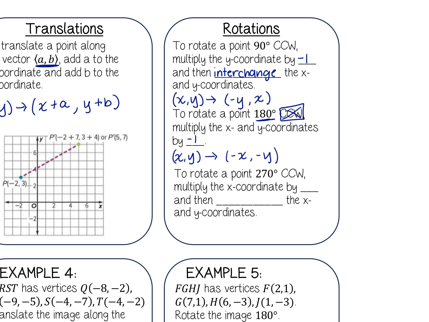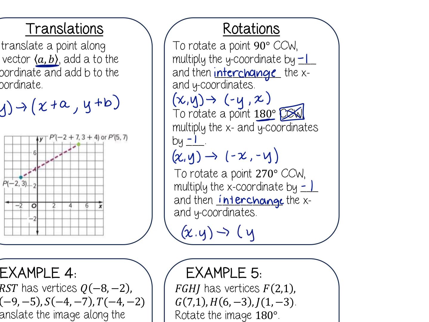And then lastly, we're rotating 270 degrees counterclockwise. We're multiplying the x coordinate by -1 and interchanging the coordinates again. So it's the opposite of what 90 was. Still interchanging, but negating the other coordinate. So we have (x, y). We're going to flip the order, remember.